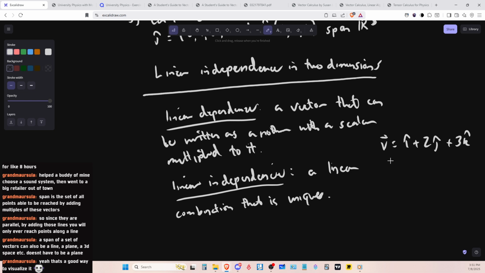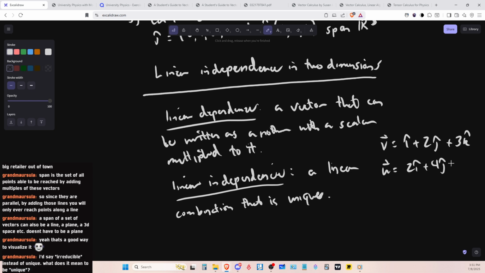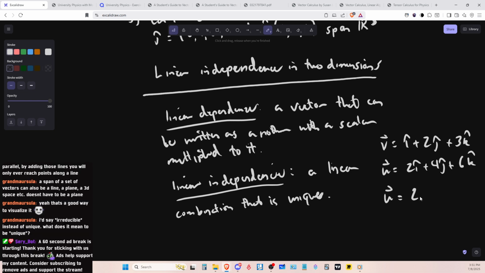But if you had u, and it's 2i plus 4j plus 6k, obviously that's dependent, because you can just write u as equal to 2v in this case. So that's the best way I can think of it.